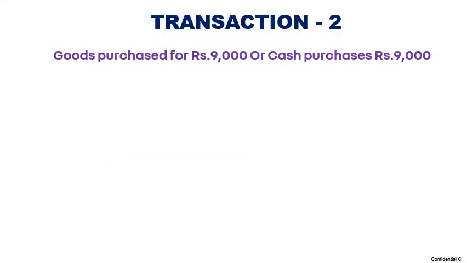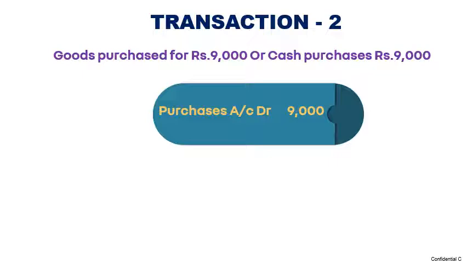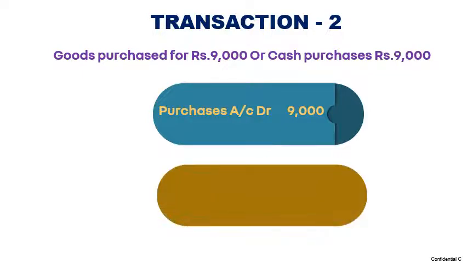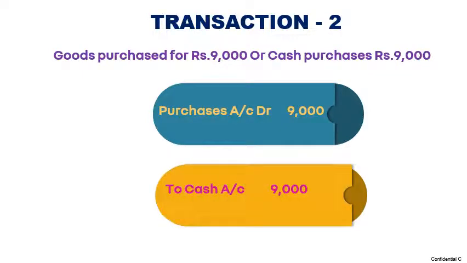Let's see transaction 2. Goods purchased for 9,000 rupees in cash. Here there are two accounts: purchase account and cash account. In the earlier case cash was coming in. In transaction 2 cash is going out. When you purchase goods, the cash is going out.